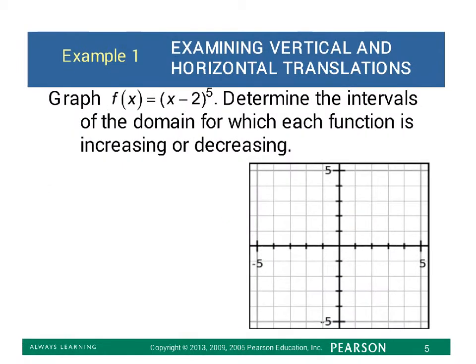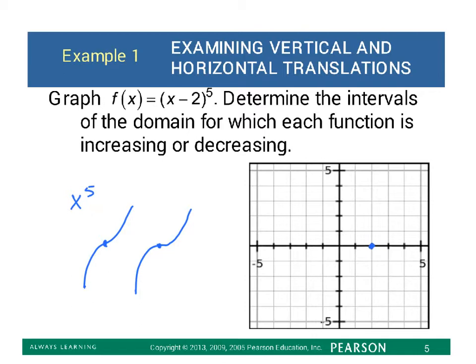Let's do another example. So this right here is a function that acts like x to the 5th. And x to the 5th looks a lot like your cubing function. Just the cubing function looks like this. The x to the 5th function, right at this point right here, it just gets a little wider is all. So let's graph that. And this x to the 5th function is shifted over to the right 2 units.